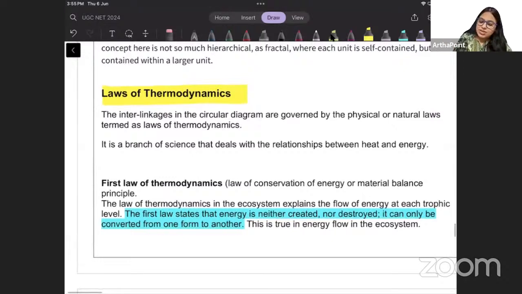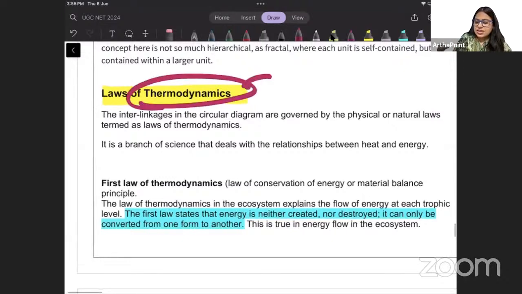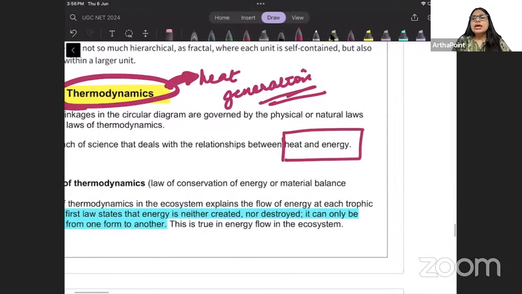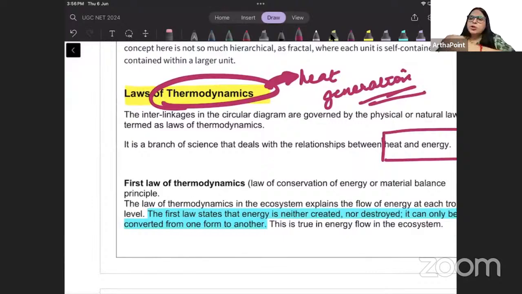ठीक है जी? तो बेटा thermodynamics is anything that is related to heat generation in your science. जिसमें भी हीट एनर्जी जनरेशन का प्रोसेस रहता है, anywhere heat and energy is generated, that is called as thermodynamics. It studies the relationship between heat and energy, कि जब भी आप कुछ भी प्रोड्यूस करते हो, whenever you produce anything, in that process heat is generated.